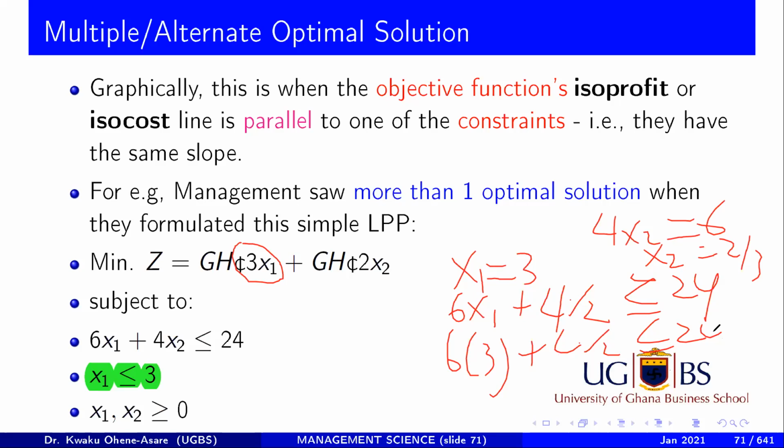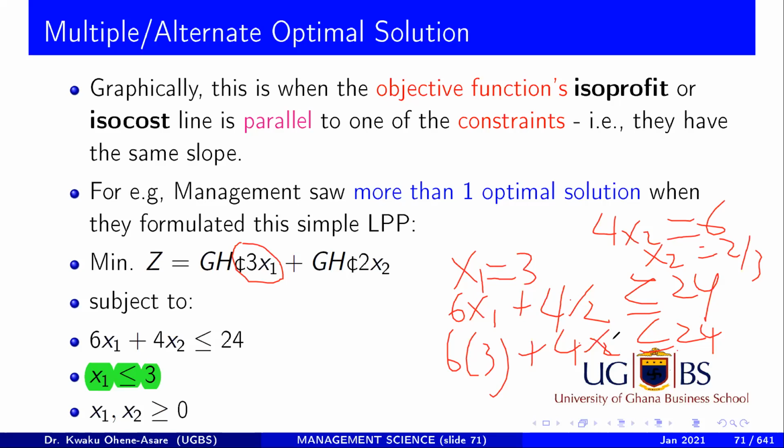No, hold on. It's 24. So you get 4X2, it will be 3/2 rather. Is that it? Okay, 3/2. I just want to be sure. Yes, 6 here. Yes, 3/2.